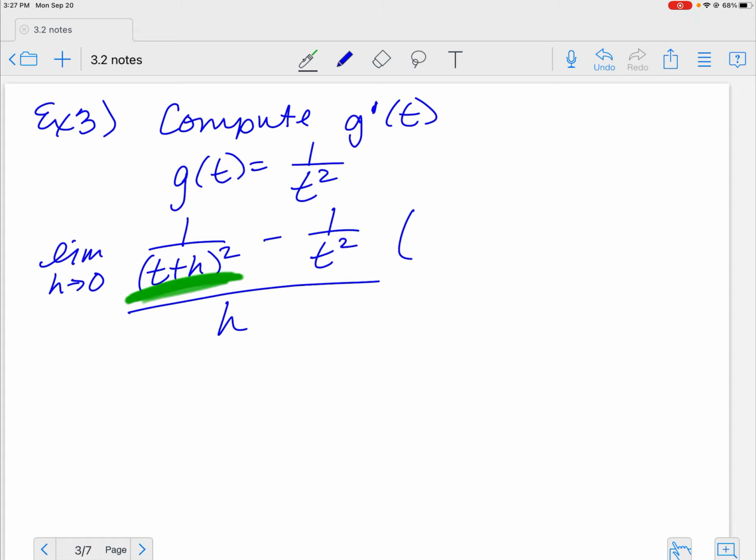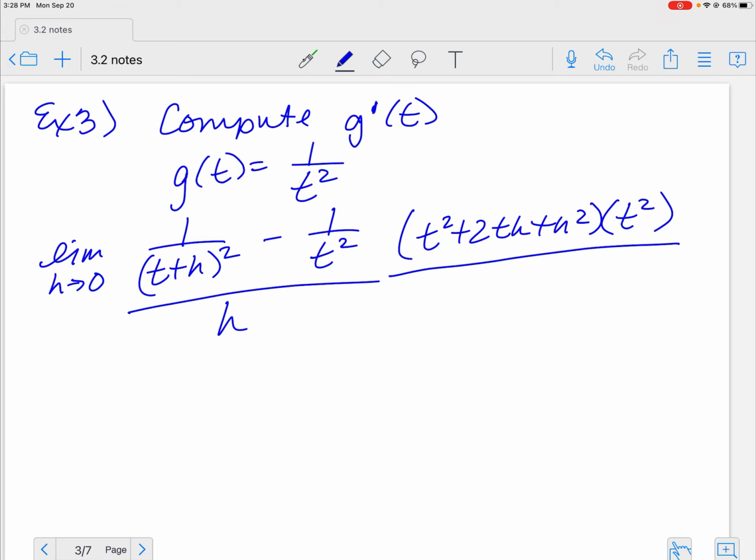Both t plus h squared and this t squared. This is a binomial, so you FOIL that out. I'm going to go ahead and FOIL that out to be t squared plus 2th plus h squared, and have this t squared that I'm multiplying by that. Do you see that? That way it's just easier.